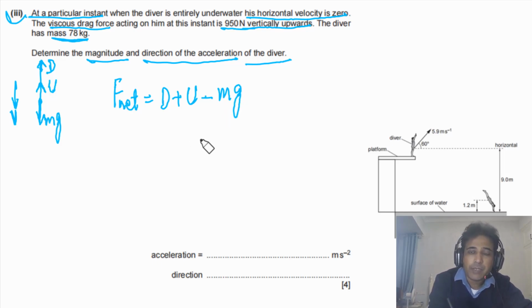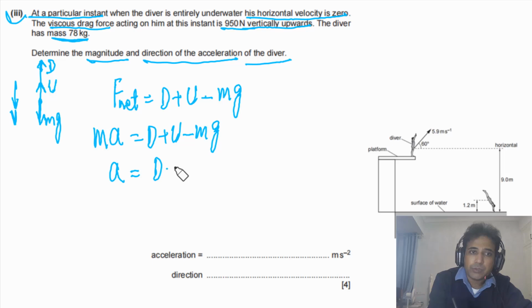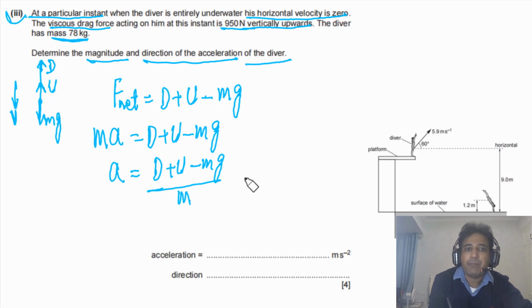We need to find the value of acceleration, so we can say F net will be equal to ma, and this will be equal to D plus U minus mg. We need to find the value of a, so this will be equal to simply D plus U minus mg divided by m. The value of D we have is 925.